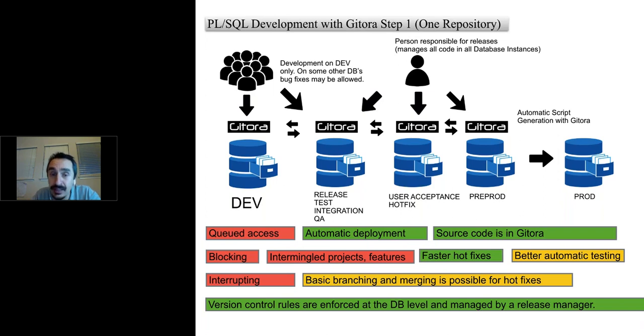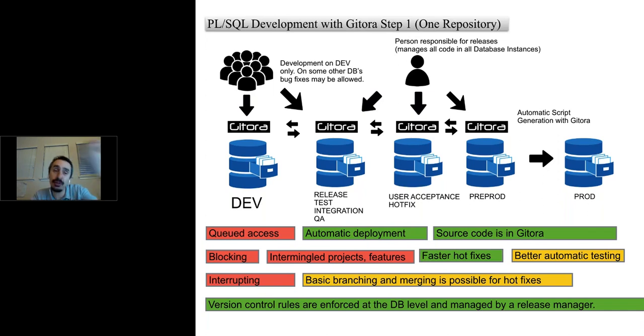We got better automatic testing, because while moving the code from one database to another, you can now get right in there with a Git hook and actually run your tests and reject the code if it doesn't pass automatic testing. So we got some places where we can apply automated testing, which is good.